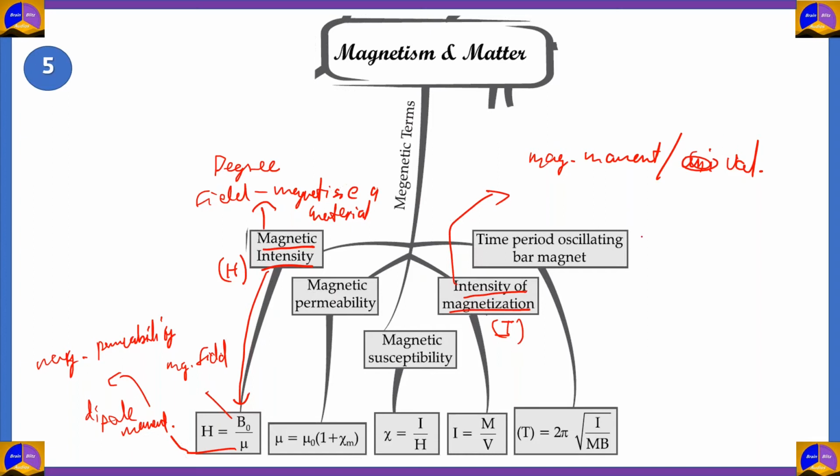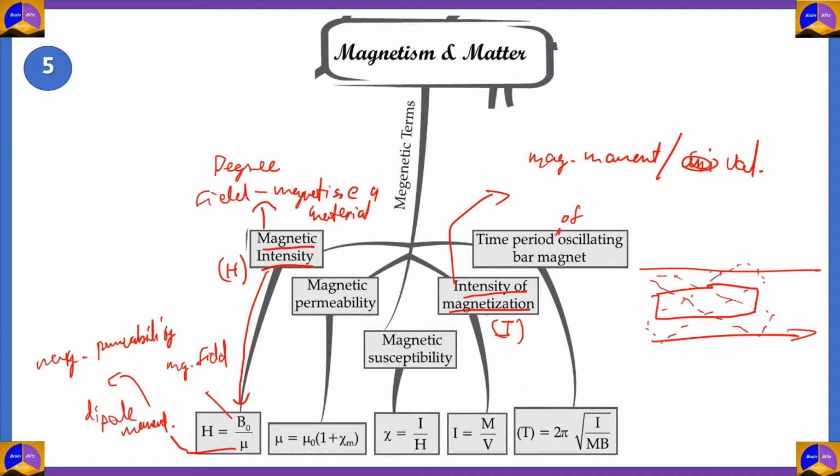Now, time period of an oscillating bar magnet. Suppose we have a bar magnet like this, and it has a couple, sort of. So it moves in simple harmonic motion. First it rotates like this, and then because of the magnetic field, it starts rotating the other way.